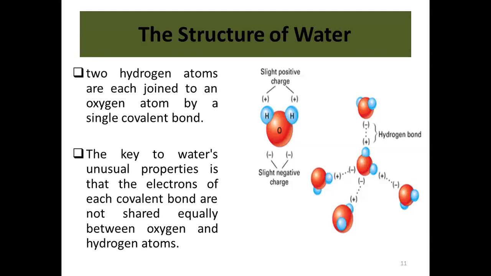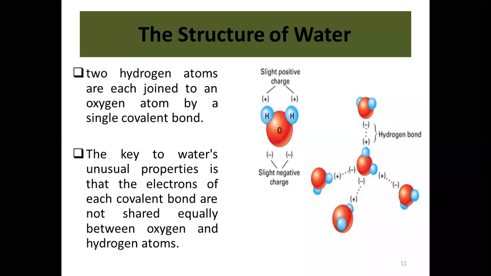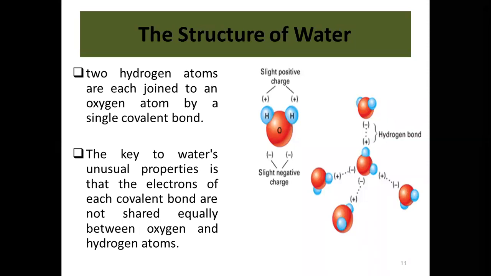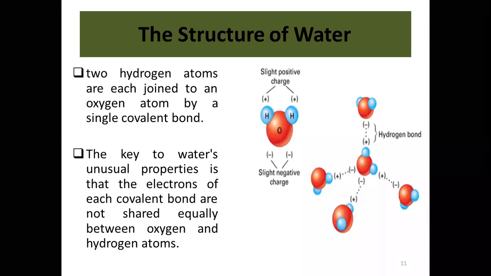Let's look at the structure. So water, as we know it, has 2 hydrogen atoms, each attached to an oxygen atom by a single covalent bond. So the key to water's unusual properties is that the electrons of each covalent bond are not shared equally between the oxygen and the hydrogen atom. When you look at this structure of water, you have oxygen at the center and 2 hydrogen atoms. One of the most important characteristics in this structure is that the oxygen is a highly electronegative atom.